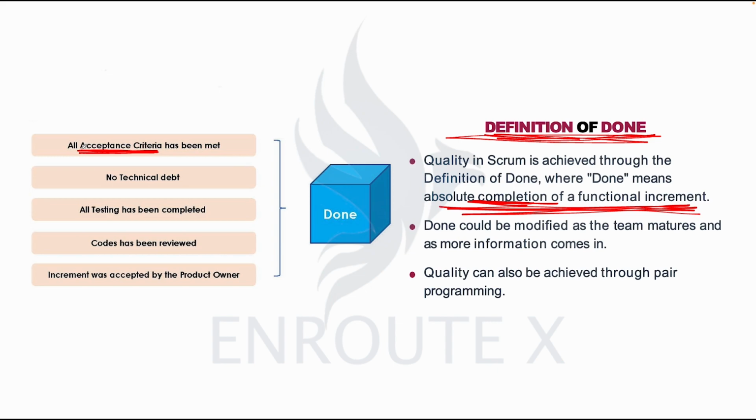That forms the acceptance criteria. So the tailor sewing that cloth would consider the measurement of the cloth, and they will be sewing to the measurements of the cloth. They would also be sewing to the design of the cloth as well.